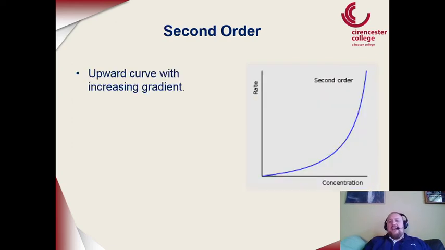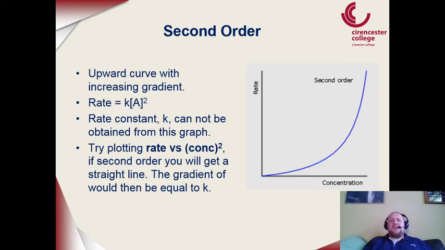Let's look at a second order graph. This is a bit like half of a parabola, because if we do it in that direction, it's going like this. Again, if the concentration is 0, the rate is going to be 0, because this component has to be there for the reaction to happen.